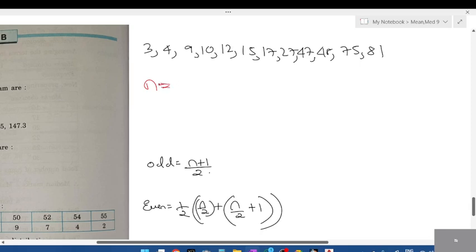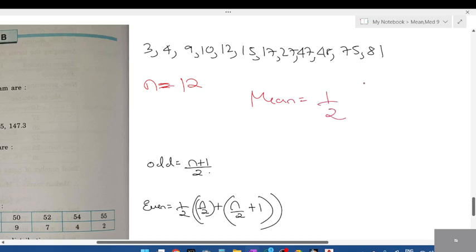What's the value, Delicia? 12. Even or odd? Even. You shouldn't add, just count the numbers. Even, right? So what's the formula for even?